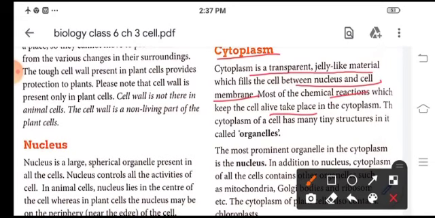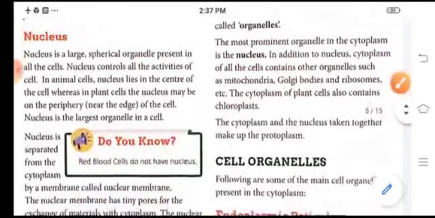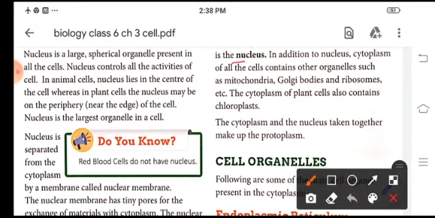The cytoplasm of the cell has many tiny structures and these are known as organelles. Now the most prominent organelle in the cytoplasm is the nucleus. Now cytoplasm also contains other structures like the mitochondria, Golgi bodies, ribosomes.